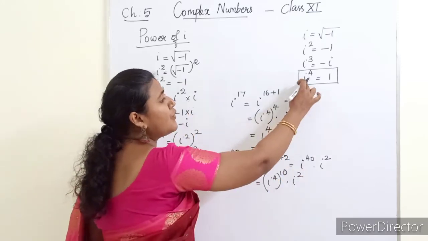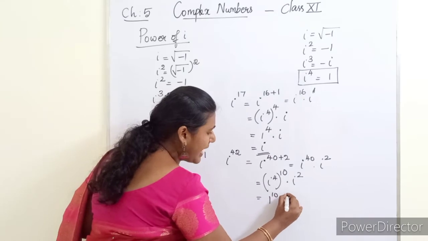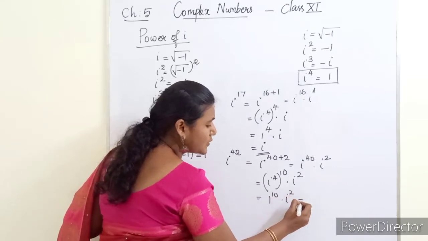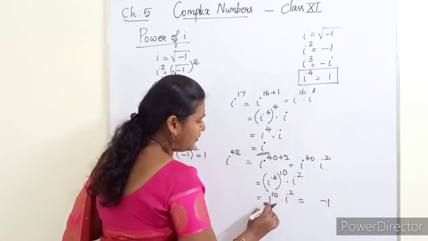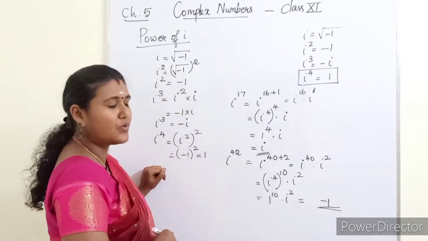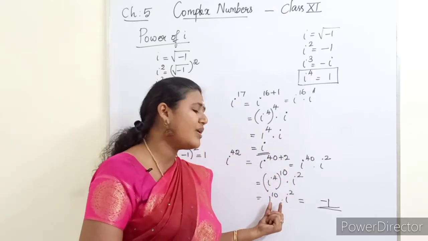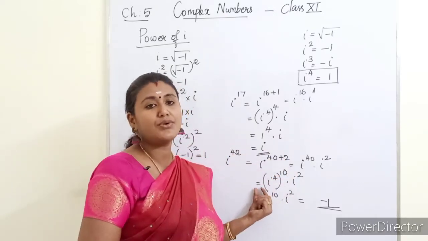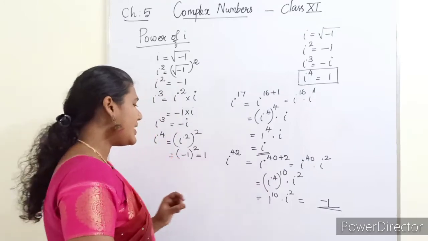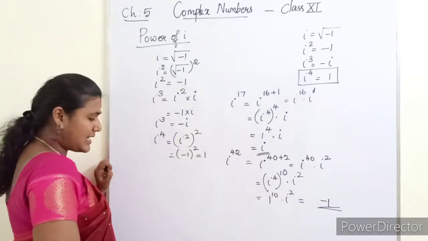Now the i power 4 value is 1, so 1 power 10 into i square. What is the value of i square? Minus 1. 1 power 10 is 1, so the answer is minus 1. If you express the powers as a multiple of 4, it will be easy for you to calculate the value. So i power 42 we got as minus 1.